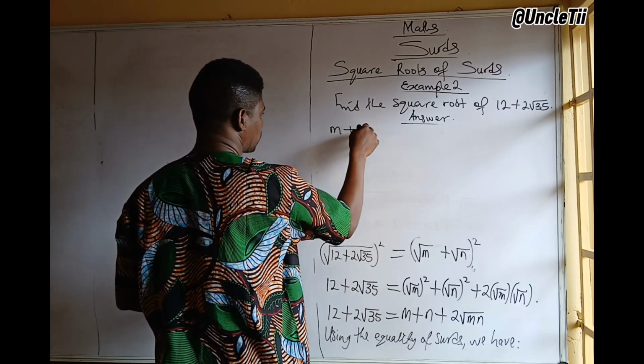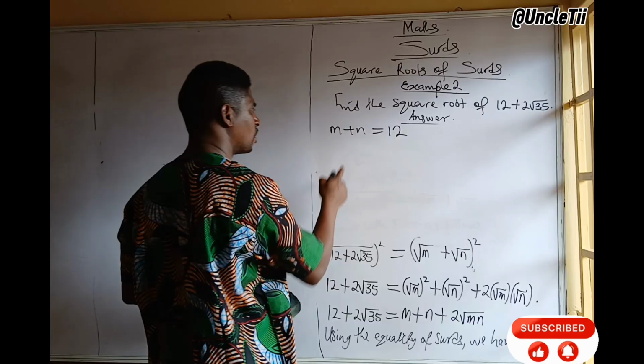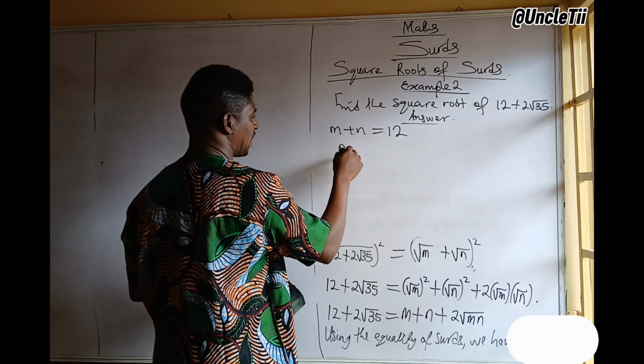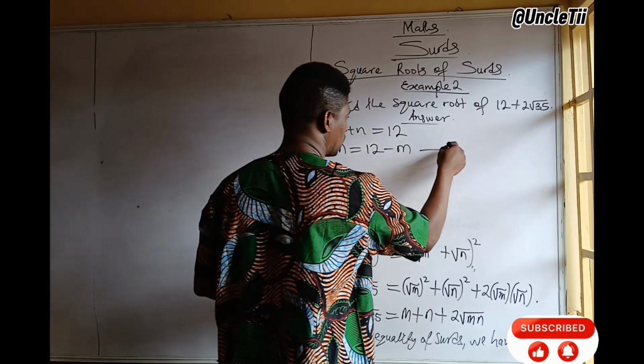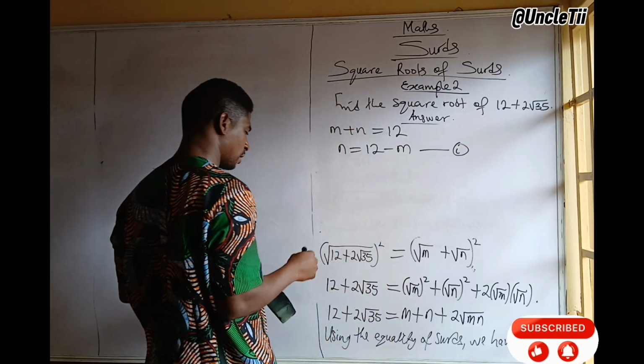We have m plus n equal to 12, which we can further simplify to get n equals 12 minus m. Let's call this equation 1.